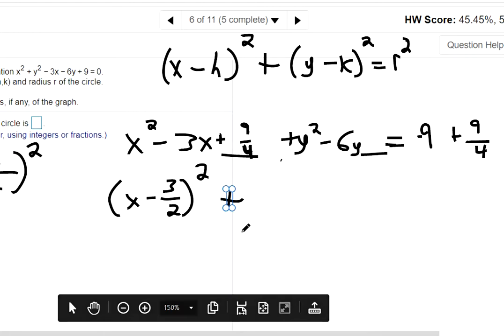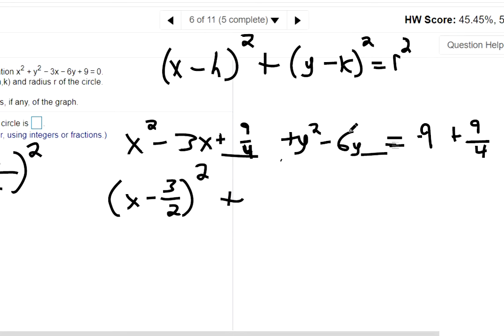But same thing here. What you want to do is take this middle term, cut it in half. So 6 divided by 2 makes 3, and then square it. Here, I'll write this one out a little bit more than I did the last one. If you cut this in half, it makes 3, and then square it, makes 9 here. And so I have to balance the equation.